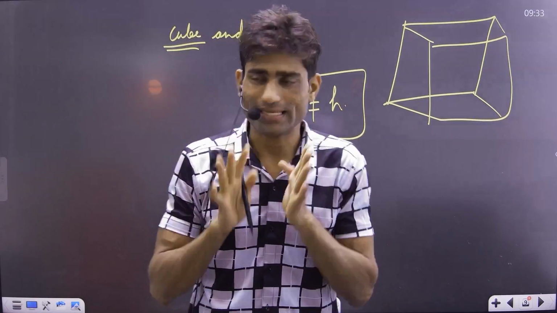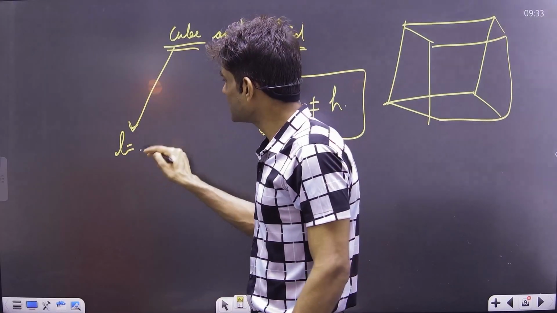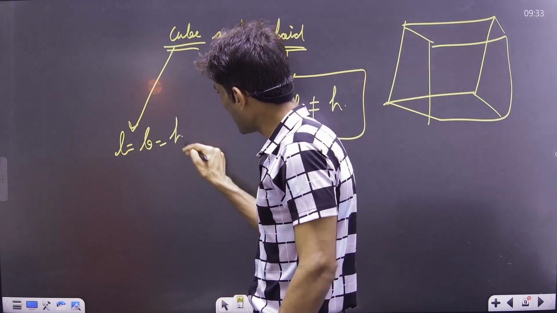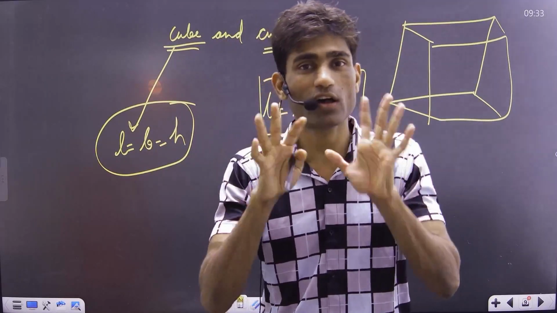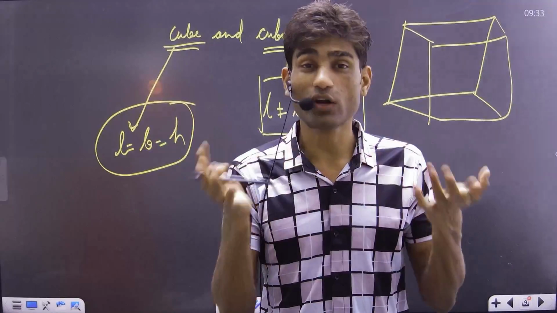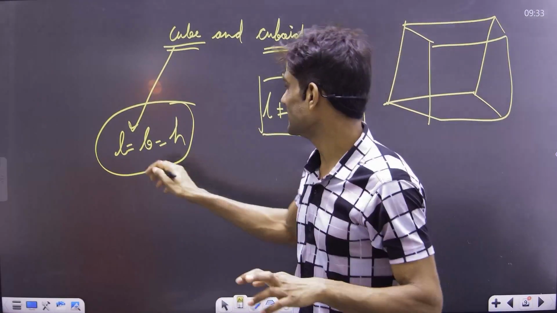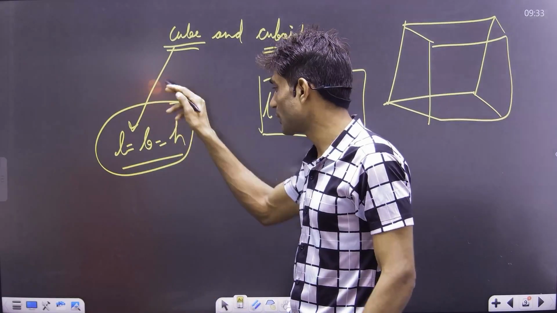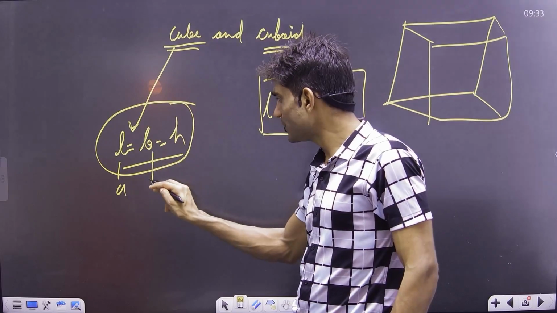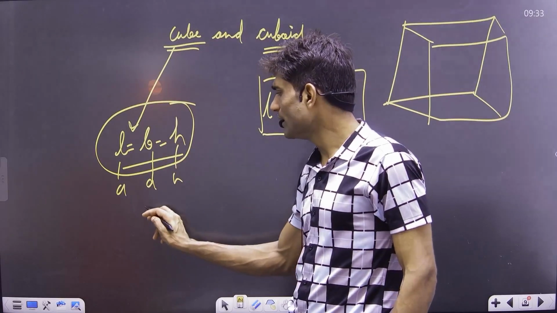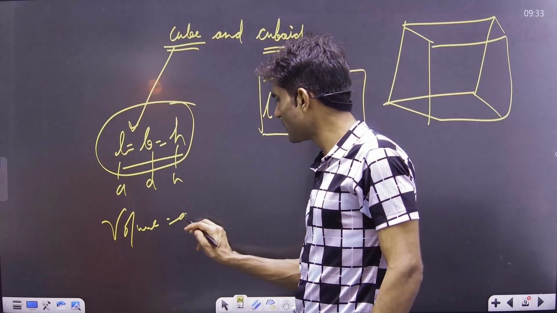In the case of a cube, length, breadth and height are all equal. If nothing is equal between them, then it is a cuboid. If I consider length as a, breadth as a, and height as a, then we write the volume of our cube.